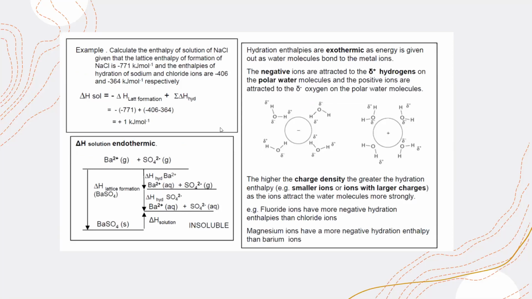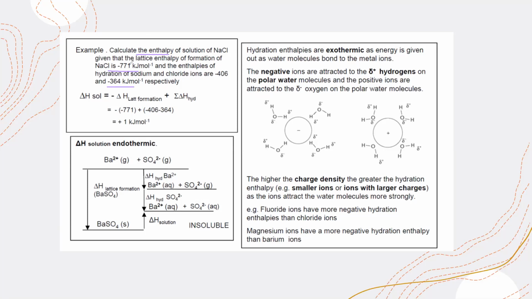So this is the same idea about lattice energy. If a question is to calculate the enthalpy of solution, given that the sodium chloride lattice energy is minus 771 and the enthalpy of hydration is minus 406 and minus 364, the formula is hydration minus lattice, or minus lattice plus hydration. That's the same thing.